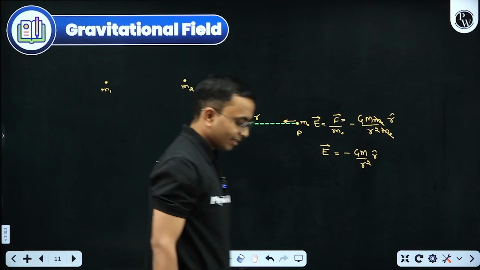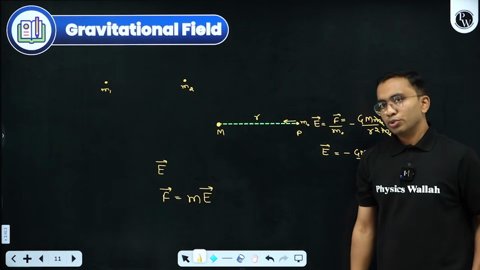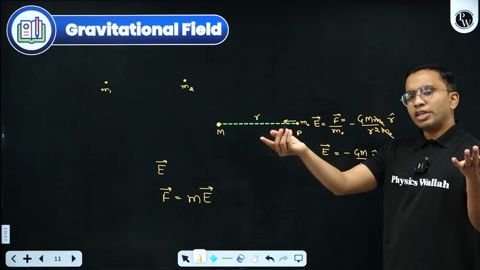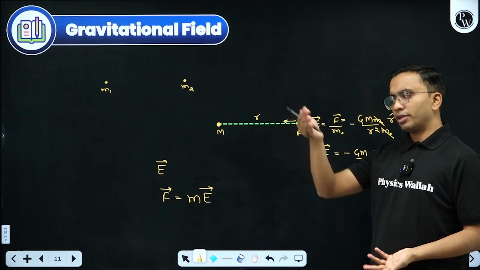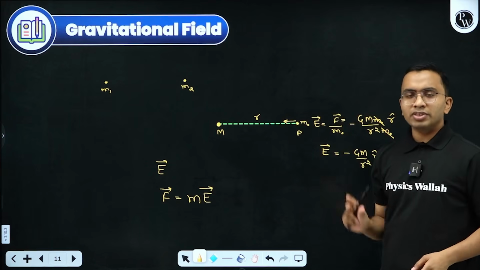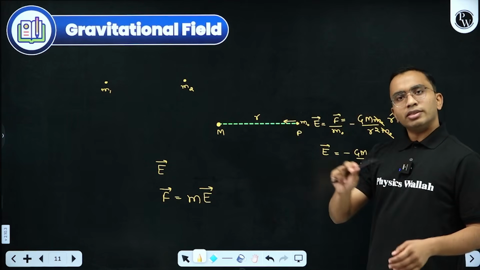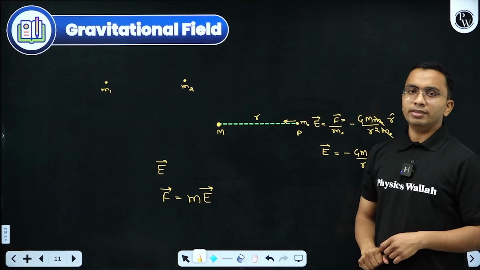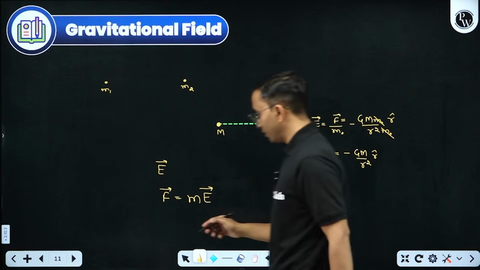Getting it? You need not know what is the source of gravitational field there. If the gravitational field is given there, I need to find force on a point mass which I am keeping there. So I'll just say m into the field there, E. Getting it? Okay.